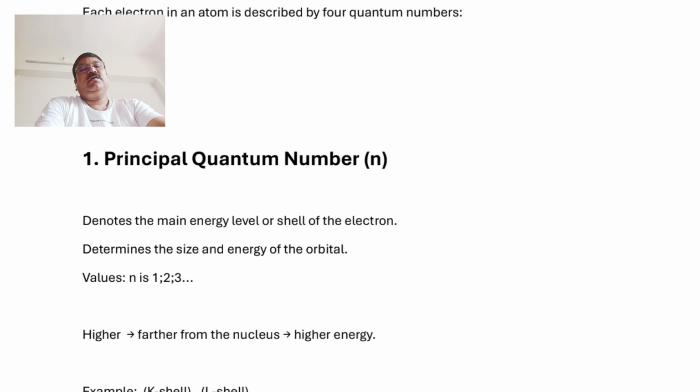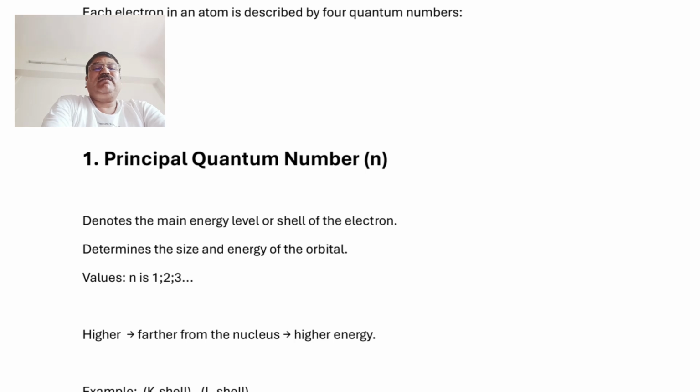Now, the principal quantum number is the first quantum number, which is denoted by the letter small n. It explains the main energy level or shell of electrons.